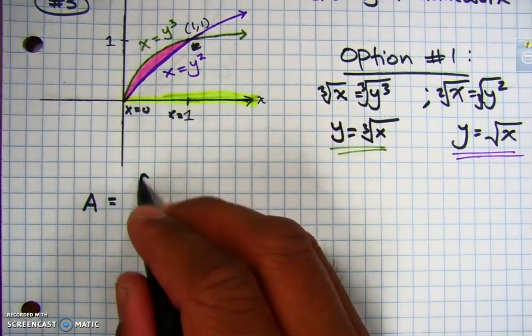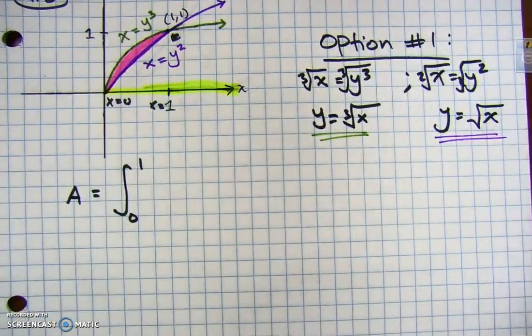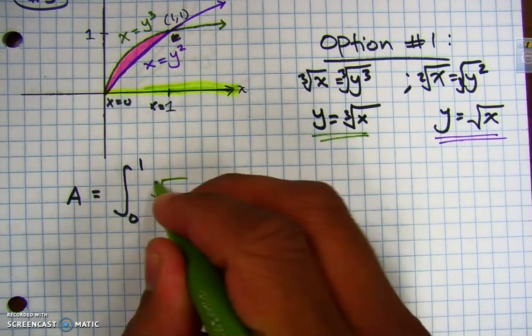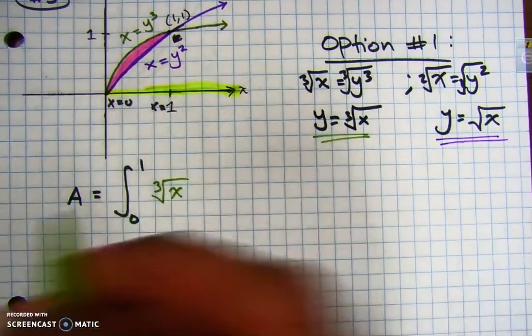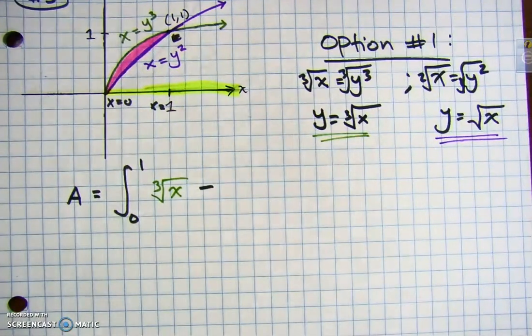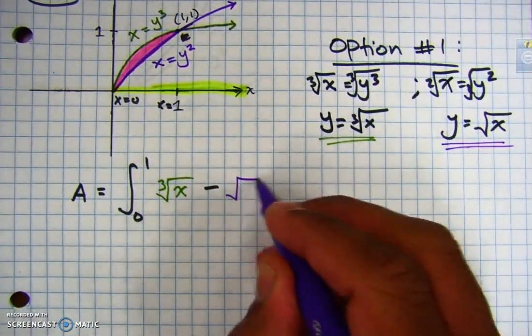So it's the integral from 0 to 1 of my new function, the cube root of x, minus my new function, the square root of x.